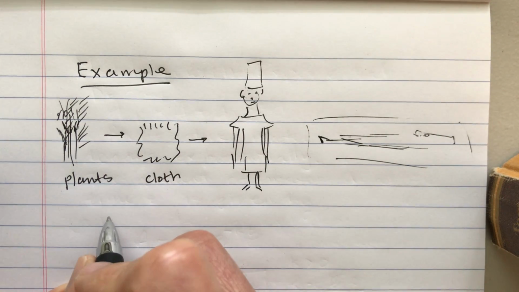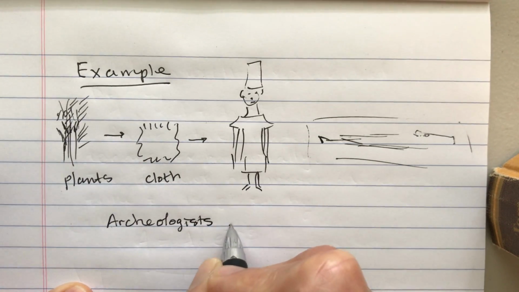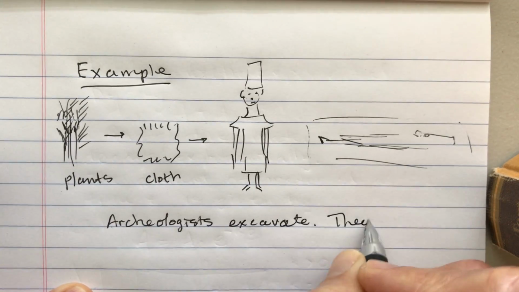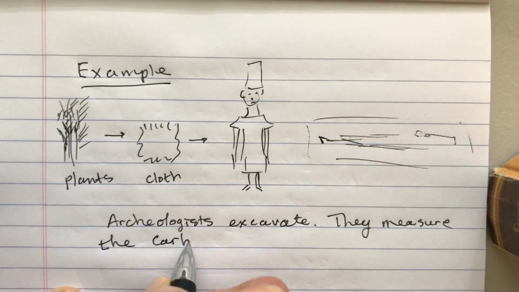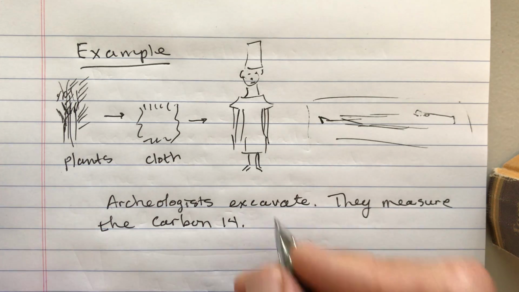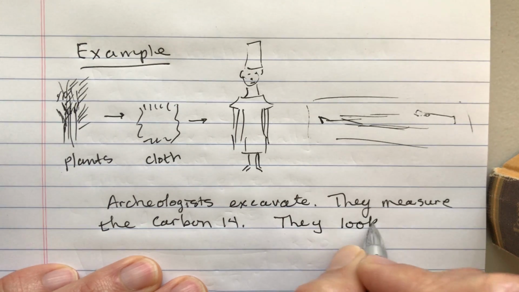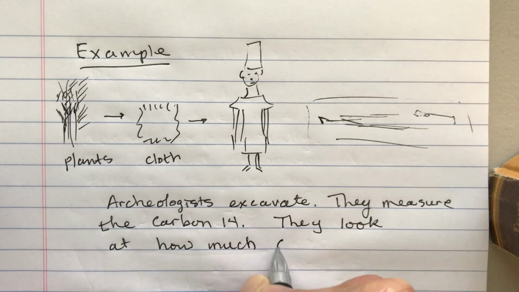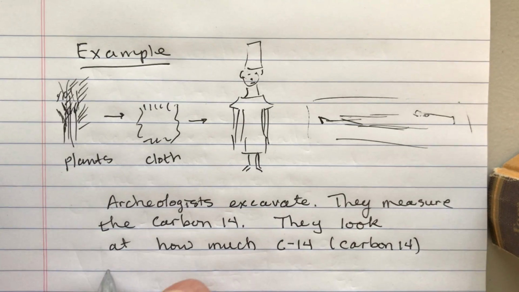And then archaeologists excavate. They measure the carbon-14. And what they do is they look to see how much carbon-14 is left, or how much C14, which is carbon-14, remains.